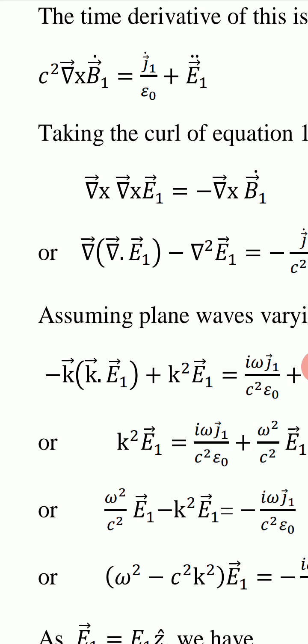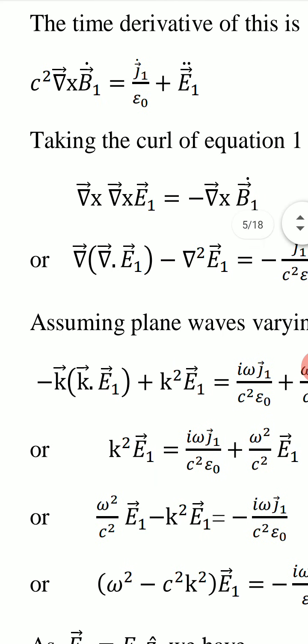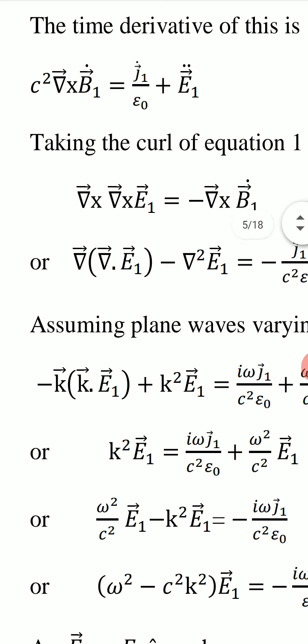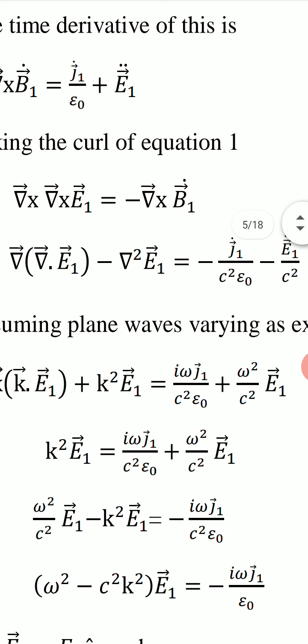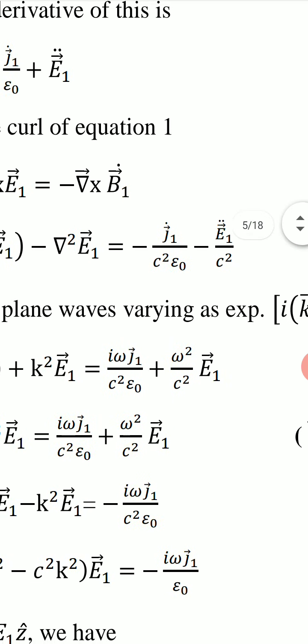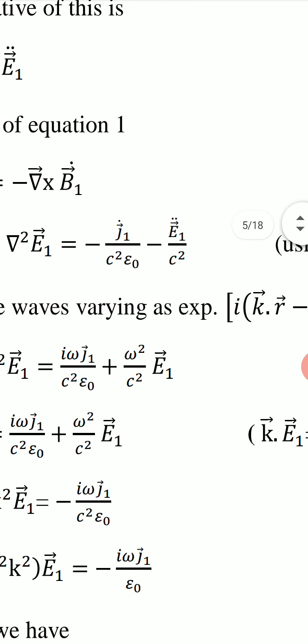I square is minus 1, so the first term on the left-hand side is minus k vector times k vector dot E1 vector. And del square is del vector dot del vector, which is i k into i k, that is minus k square. So we have plus k square E1 vector.